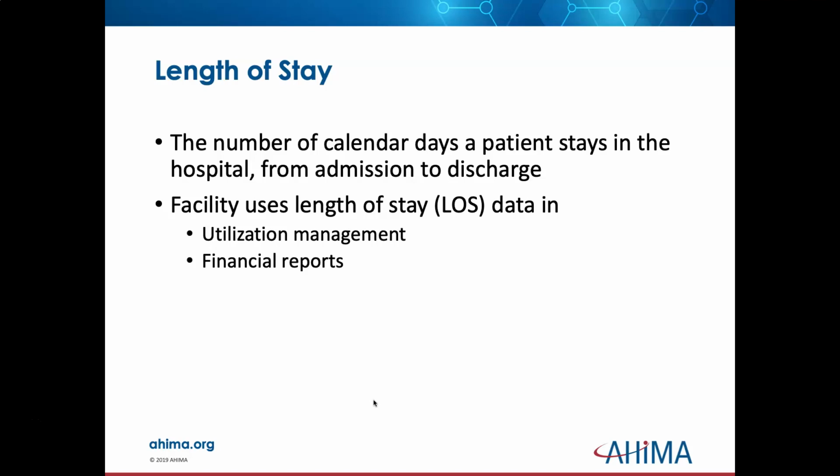Is it too long? It's almost never too short, but sometimes it could be. If you think about obstetric patients and newborns, sometimes that can get a little short. But most of the time they're looking at length of stay and is it too long, and have we kept the patient too long, and how does that compare to their DRG?